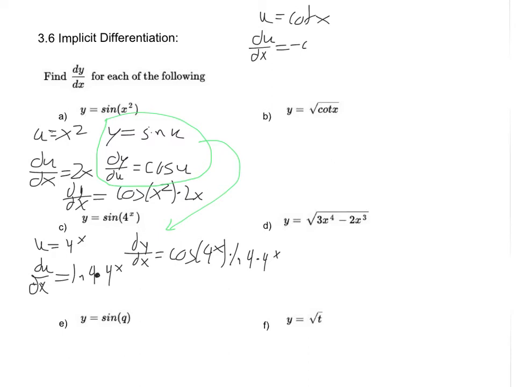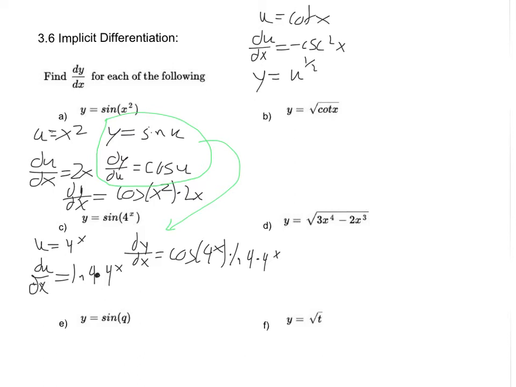Mixing up my cotangent and my secant. Here we go. Negative cosecant squared of x. And now the outside, as we said, is going to be just the square root, which we know we should just write as to the 1/2 power.